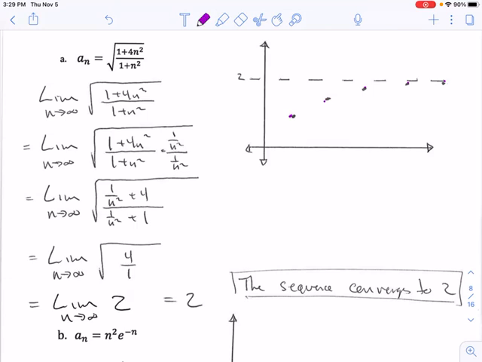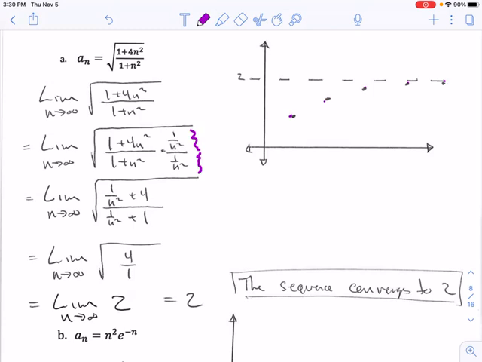So this one, we're going to use another little trick to simplify the radicand. And that is that we look for the highest power. When we have a polynomial function, 1 plus 4n squared is a polynomial function, we divide by the highest power of the polynomial, which is n squared. So we're going to multiply by 1 over n squared in the numerator and 1 over n squared in the denominator.